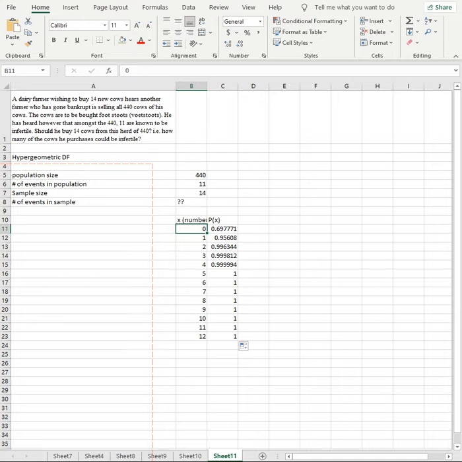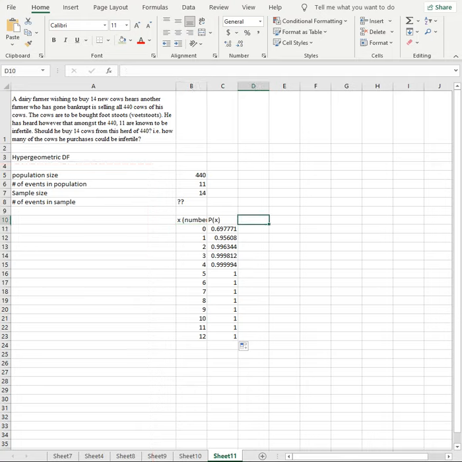So actually, in most scenarios, if you buy 14 cows from this other farmer, probably none of them will be infertile, provided that this other dairy farmer isn't going to try and swindle you and give you the infertile ones, but that probably wouldn't be in his or her best interests. All right, and so there's a 95% chance that, because it's cumulative, one or none will be infertile.